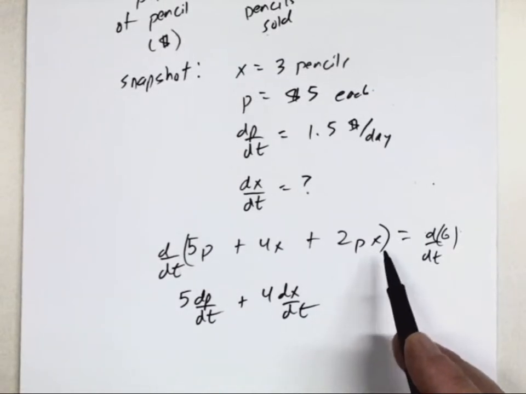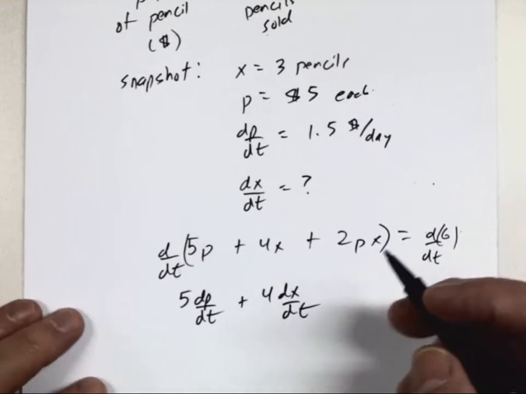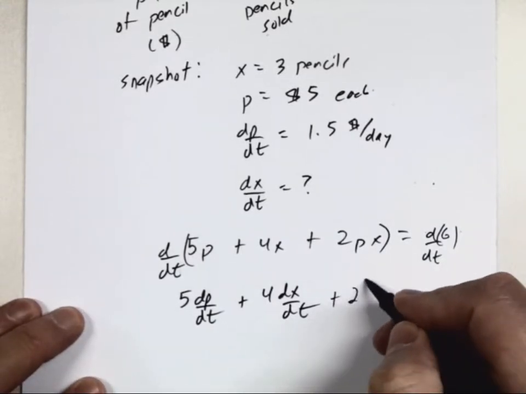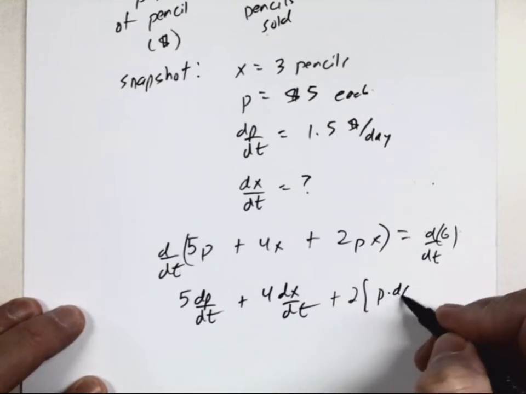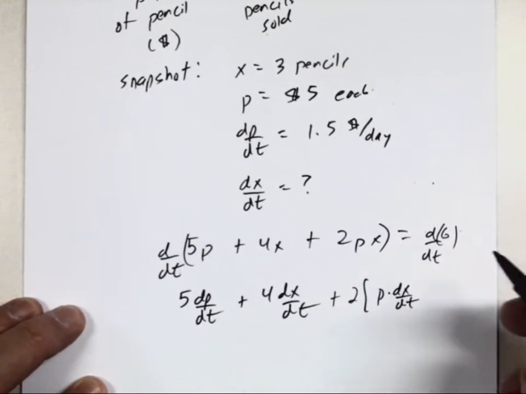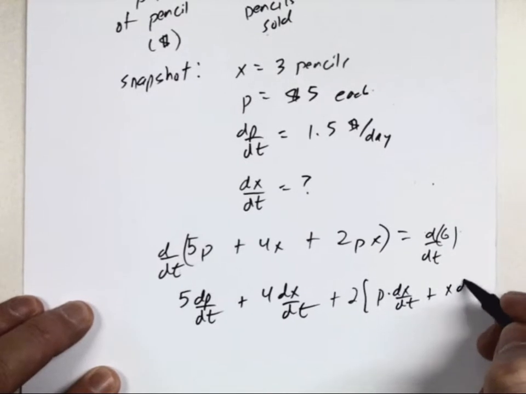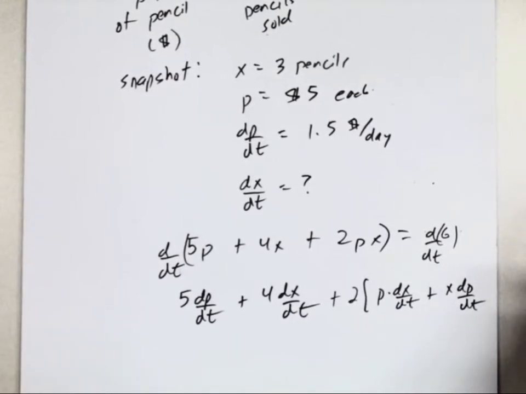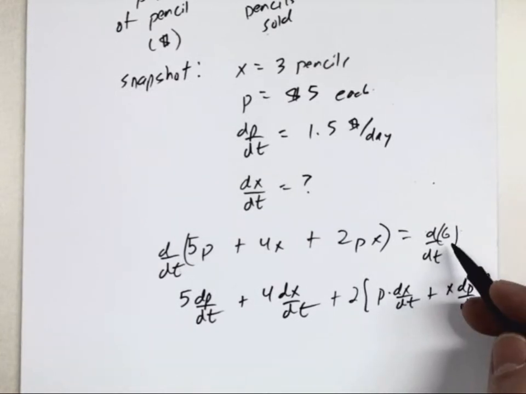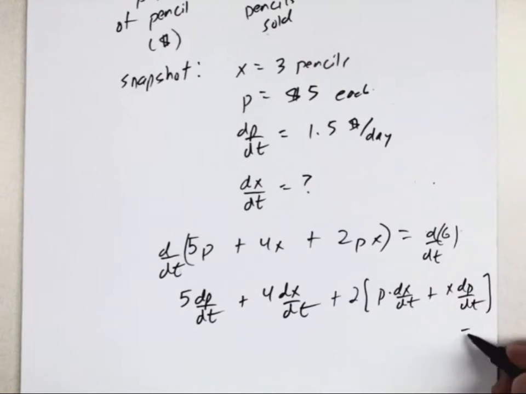I've got two variables multiplied together, so I'm going to have to use the product rule. The product rule says the first times the derivative of the second plus the second times the derivative of the first. Now on the right hand side, the derivative of 6 is just 0.